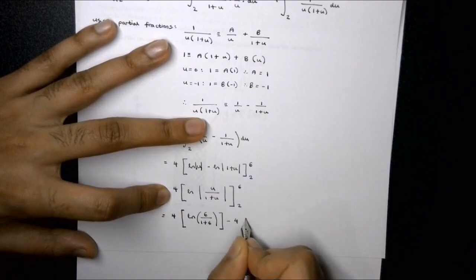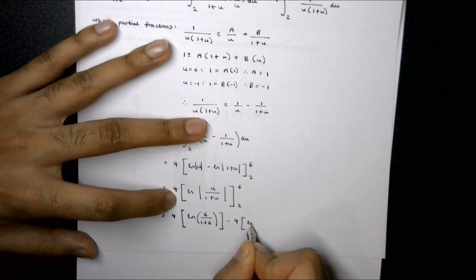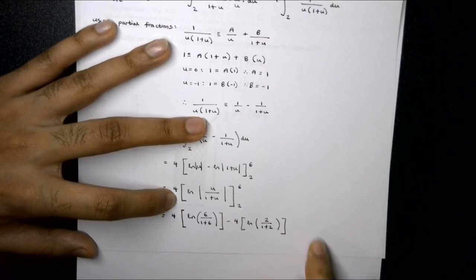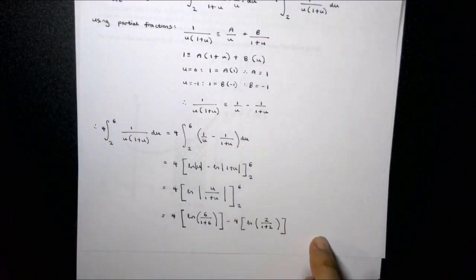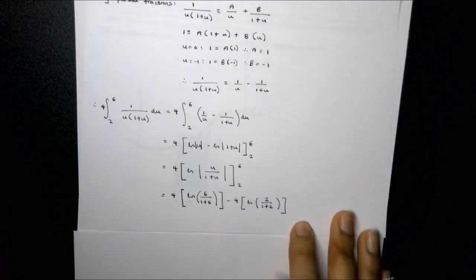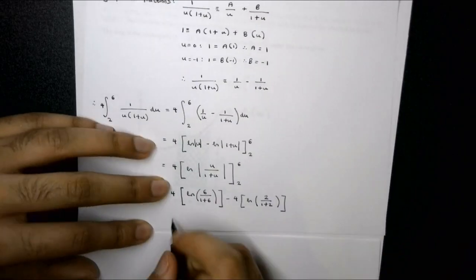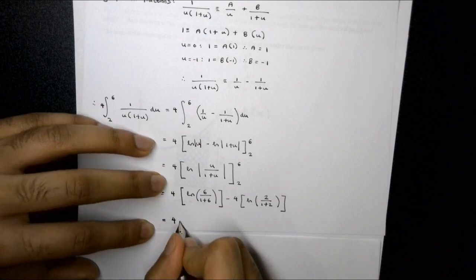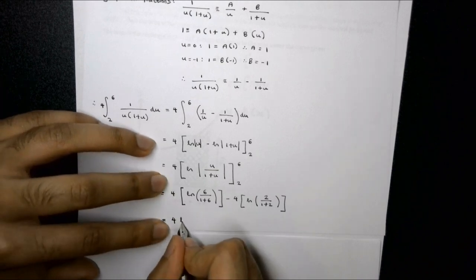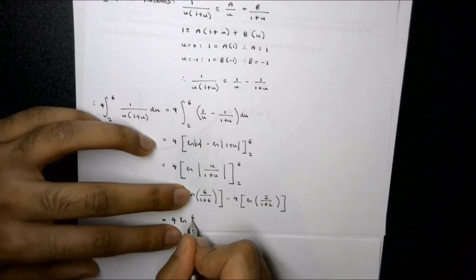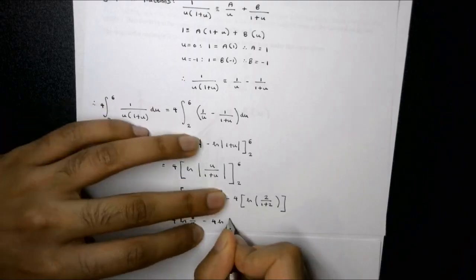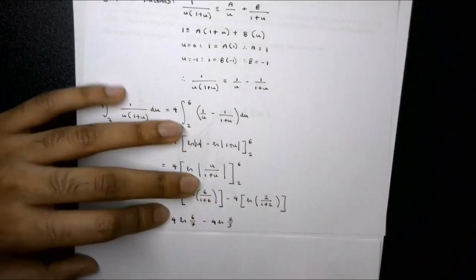For the lower limit, we've got 4 lots of natural log of 2 over 1 plus 2. Okay. So what we have over here is 4 times the natural log of 6 over 7 minus 4 times the natural log of 2 over 3.